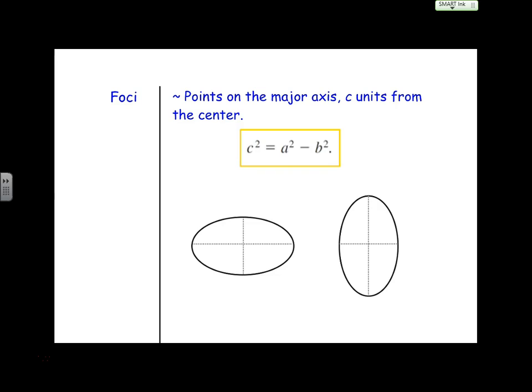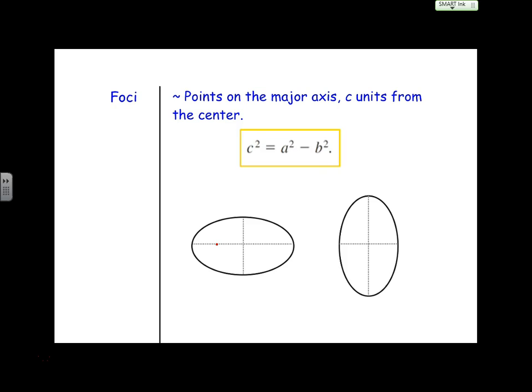Okay, so back to the foci. If you guys do want to put them, they are going to be points equidistant from the center along the major axis.